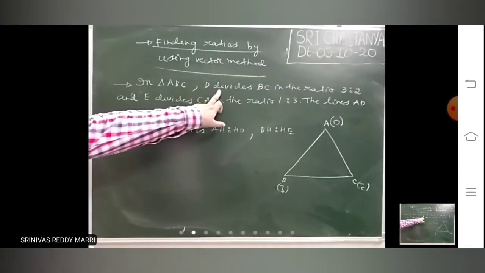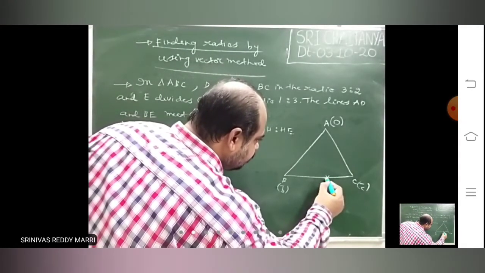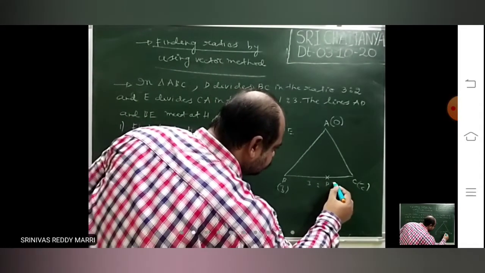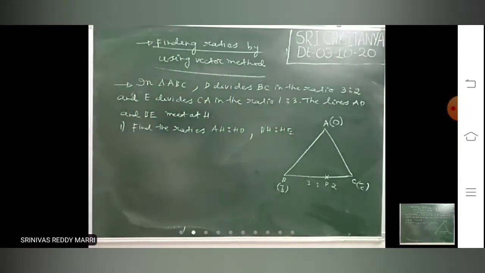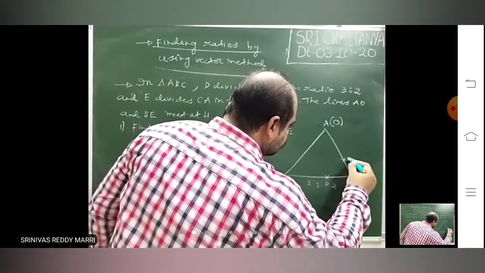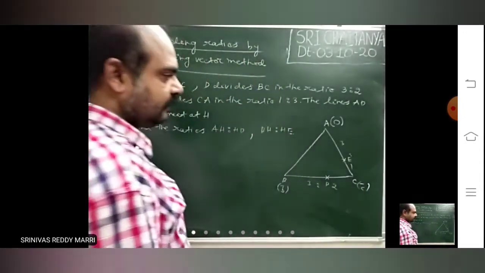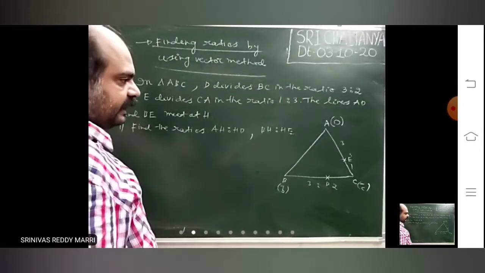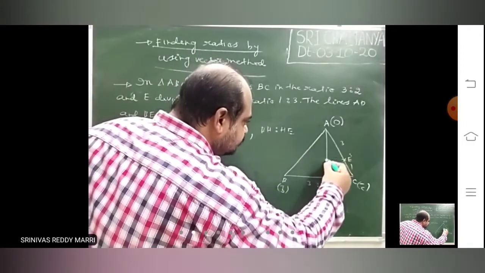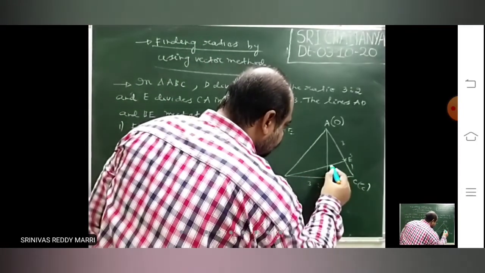Then what he is telling: D divides BC in the ratio 3:2, and E divides CA in the ratio 1:3. Now, after writing this, the lines AD and BE are joined.